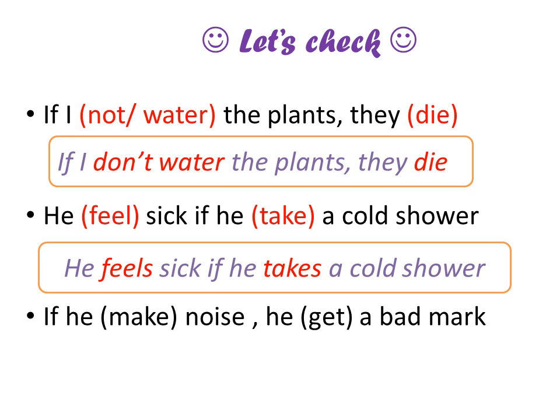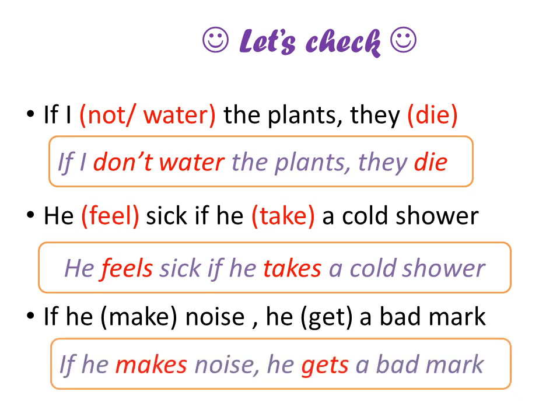We have present simple plus present simple, and we have it without a comma. Here, if he makes noise, he gets a bad mark. As I told you before, you can start with the if clause or with the main clause. It's all the same, but remember, if you start with if, you should put a comma. That's conditional type 0. Now let's move to conditional 1, or the first conditional.